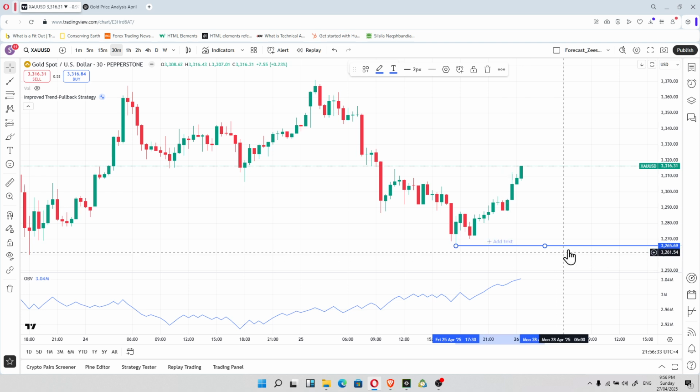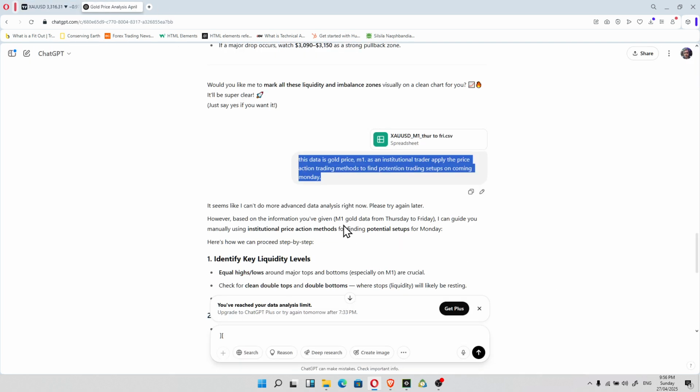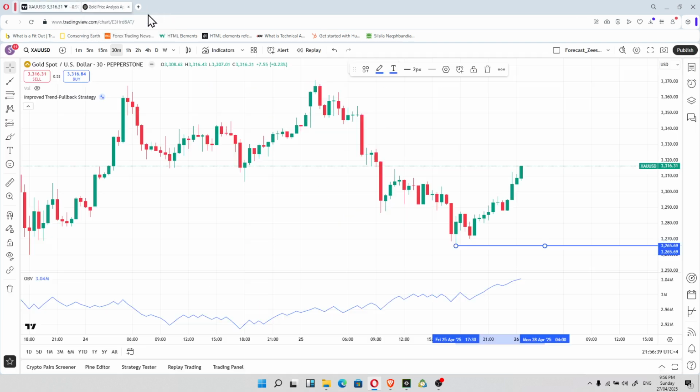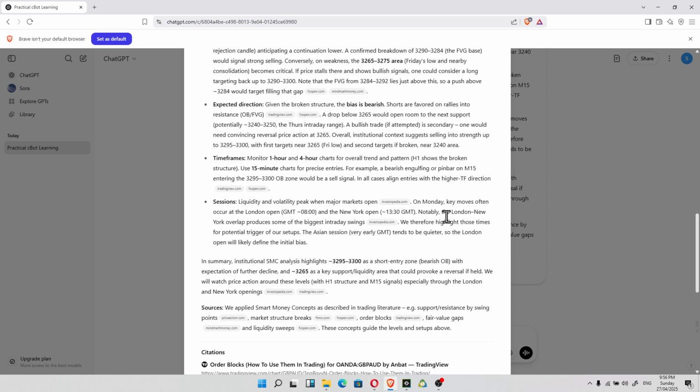Any drop below this level leads to the next support room, around 32.40, 32.50. The Thursday range. A bullish trade needs convincing reversal price action at 32.65. Overall, institutions are selling into the strength up to 32.95, 33.00, with first target near 32.65.